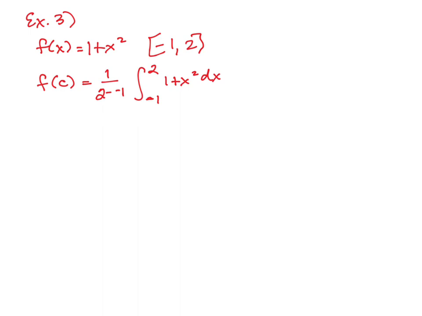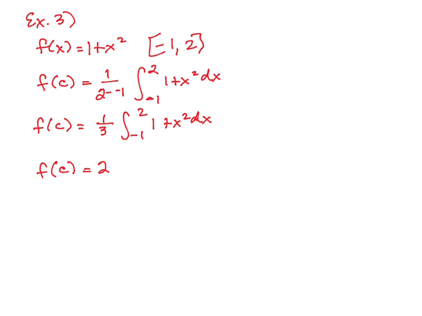So I would say here that f of c is equal to 1/3 times the integral from -1 to 2 of 1 plus x squared dx. We did already do this one, didn't we? This was example 1, so we found that f of c equals 2.